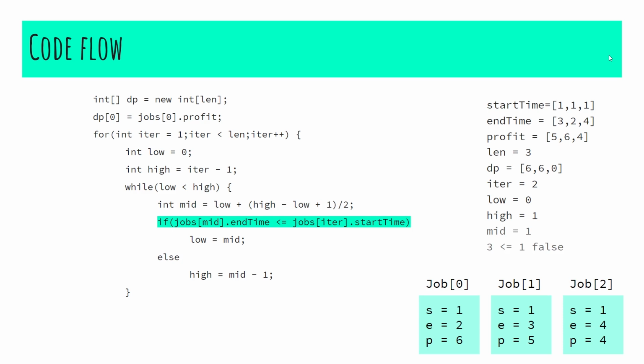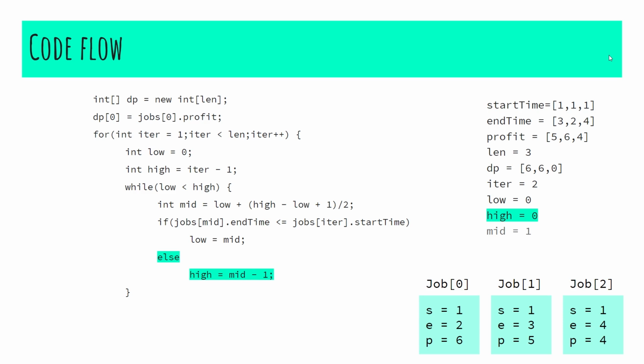After this, I'm going to compare the end time of the job of 1 with the current job's start time. As you can see, the end time of job of 1 is 3, whereas the start time of job of 2 is 1. Therefore, I'll skip the if block, and I'm going to reduce the value of high to 0.